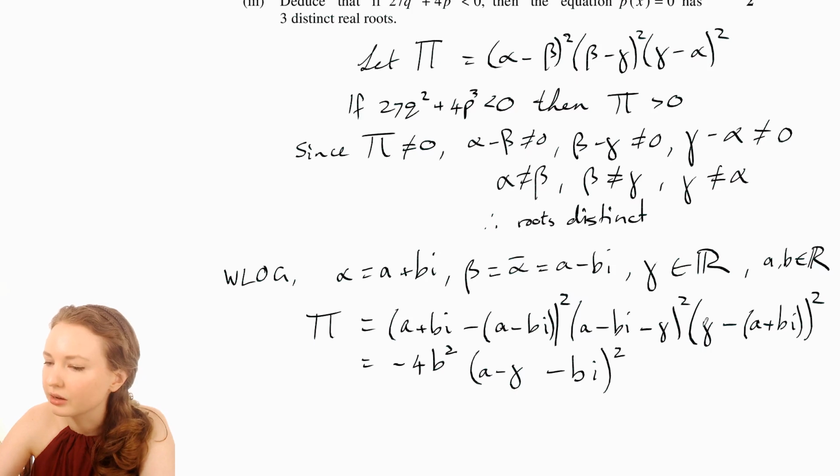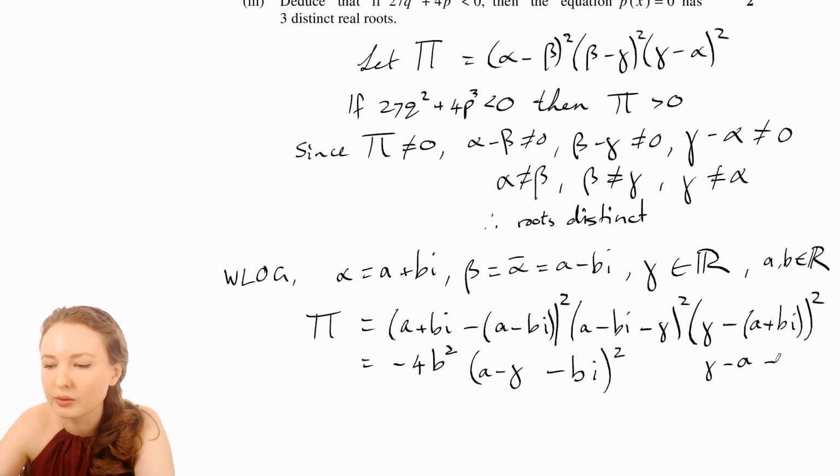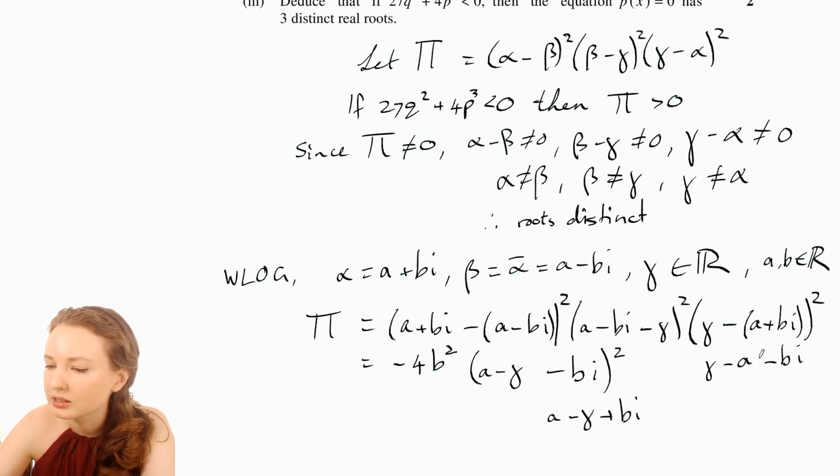So that's that part. Now, with this part, we've got gamma minus A minus bi, which is kind of annoying because it's almost the conjugate of this. The conjugate of this is A minus gamma plus bi, and that's the negative of that.